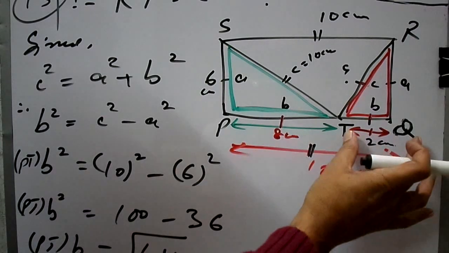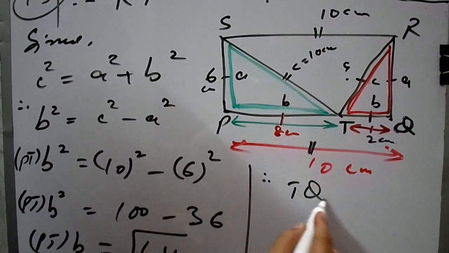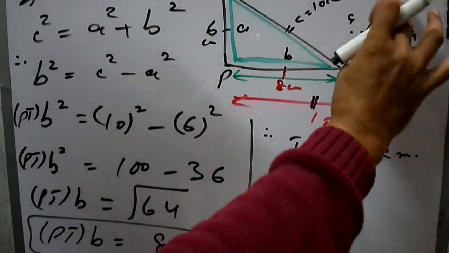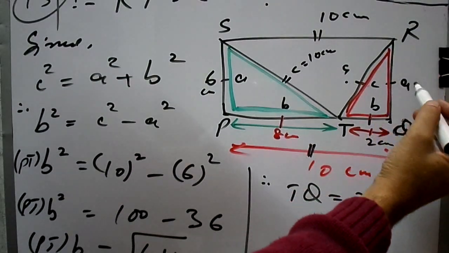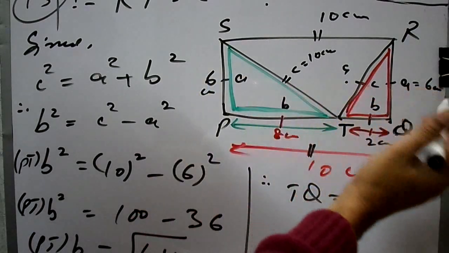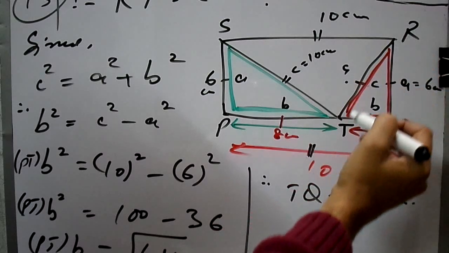Therefore the value of TQ is equal to 2 centimeter. Now this side is also 6 centimeter, because opposite sides are equal. So now you are able to calculate the value of C, that is RT.